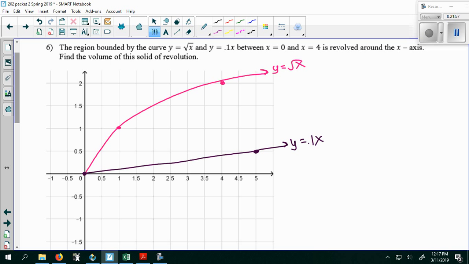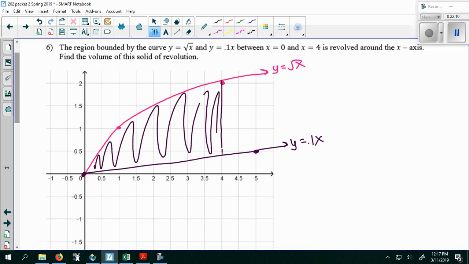y equals 0.1x. And I want the region bounded between those two, x equals 0, which is right here, and x equals 4, so right here. So this is my region that I'm going to rotate about the x-axis. So let's draw a representative rectangle at a random x value between 0 and 4.